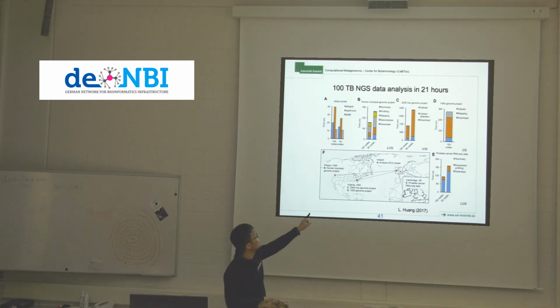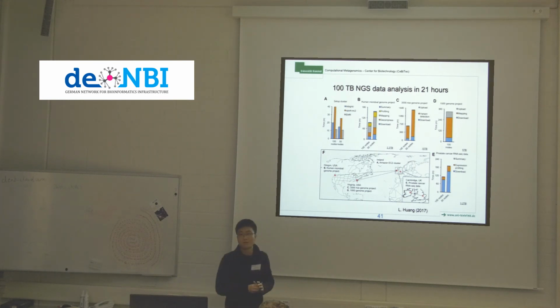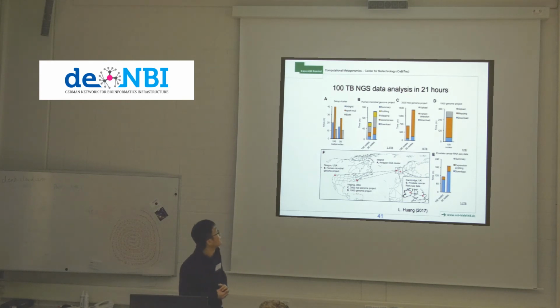And then, without shutting down the server, we can download the 3000 mice genome project located in Virginia, which is 15 terabytes of BAM files, aligned BAM files. We download them and use a binary tool to detect the variants on the genomes.